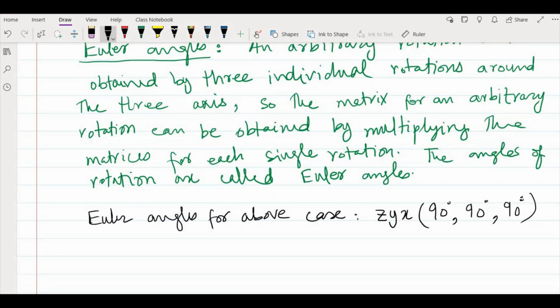So these are the Euler angles we have here: 90, 90, and 90 degrees.